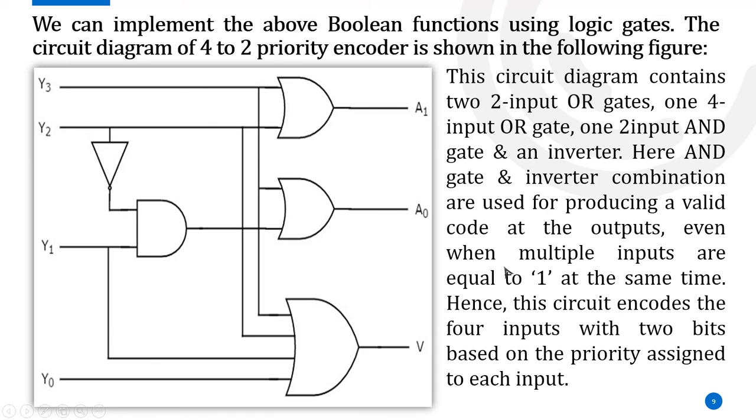So a valid code is important at the outputs, even when multiple inputs are equal to 1. If there are more ones, then only one is taken at the same time; all the ones cannot come at the same time. Hence the circuit encodes the 4 inputs with 2 bits based on the priority assigned to each input. So this is the priority.